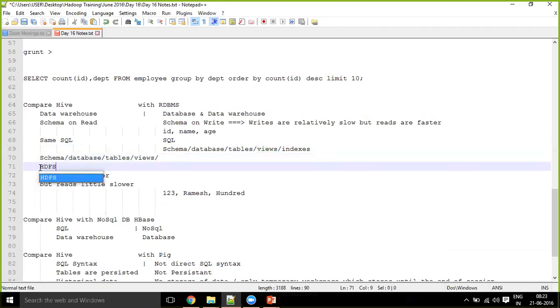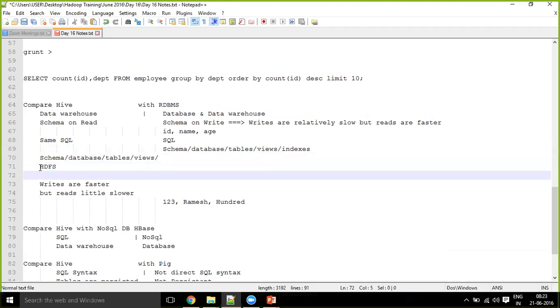HDFS has storage in the backend. But it has its own native code to store the tables and to retrieve the data of the tables. That's what the difference is. To make it more clear, Hive will, and this is another contradictory statement, my view, Hive will not store any data in its own space.